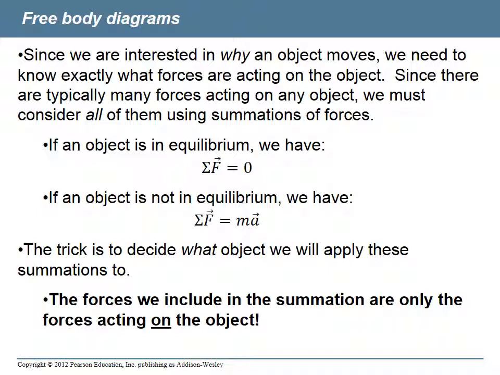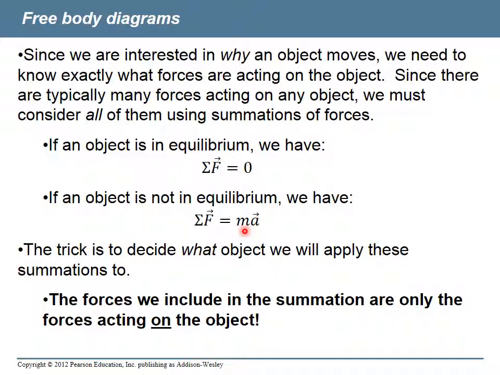Okay, so we have essentially two different cases when we're evaluating the free body diagrams. Either the object is in equilibrium, which a lot of times we're going to have to tell from the given information, or it's not. If the object is in equilibrium, then the summation of forces is equal to 0. If an object is not in equilibrium, it's accelerating, right?